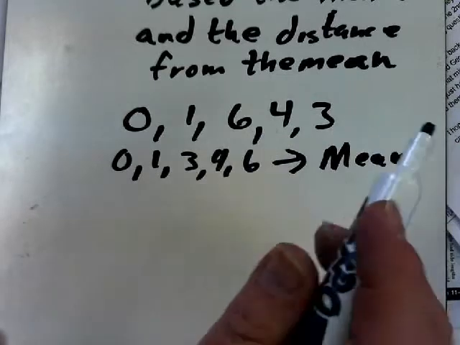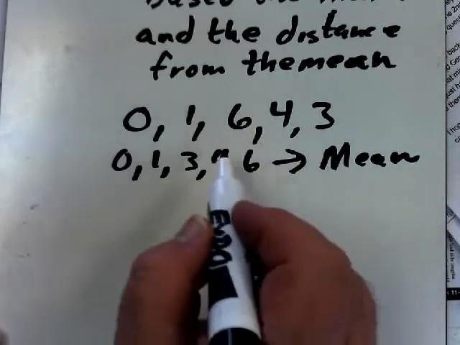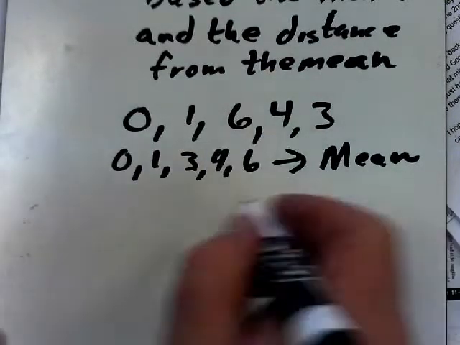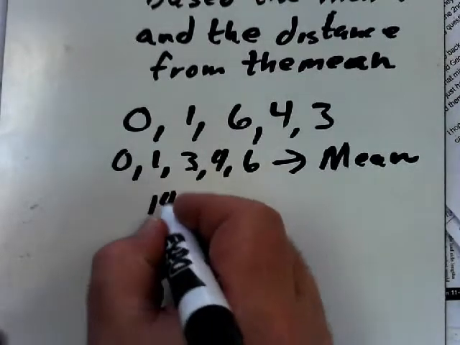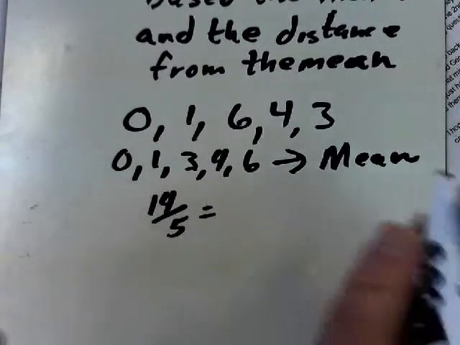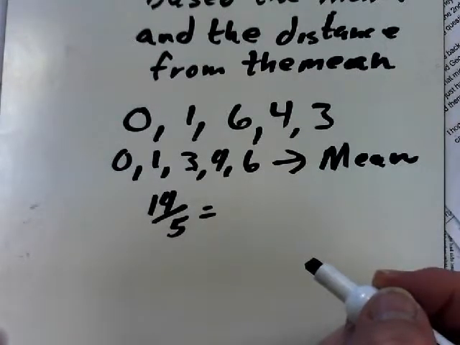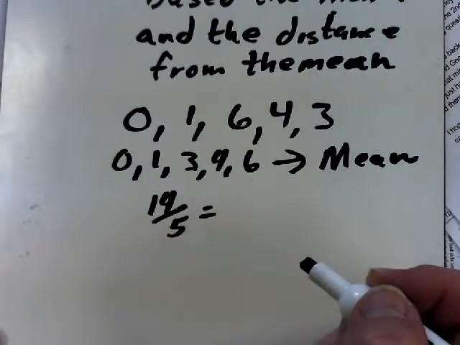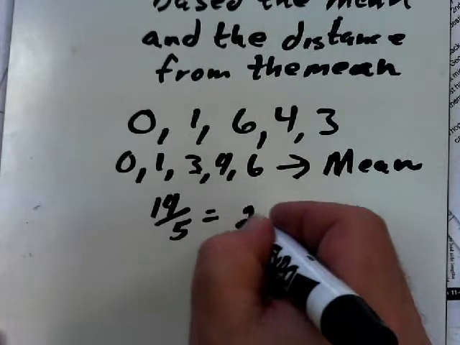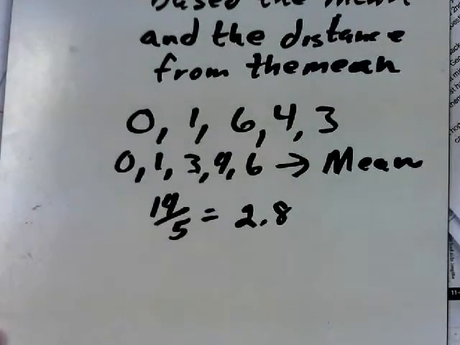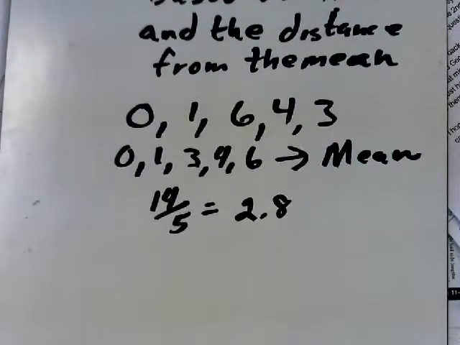So 6 plus 4 is 10, 13, 14 divided by 5. That's 2.8.